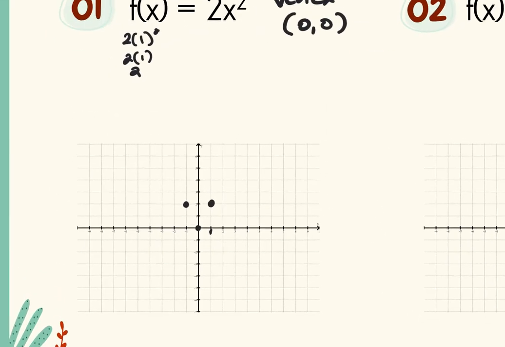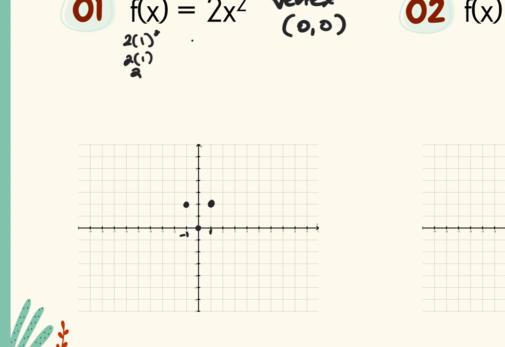Or you can plug in negative 1. So 2 times negative 1 squared would be 2 times 1, which is still 2. So because every parabola is symmetric, I can just go up and out the same distance I already went. If not, you want to plug in the point.